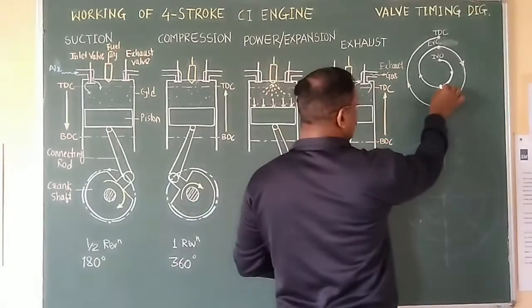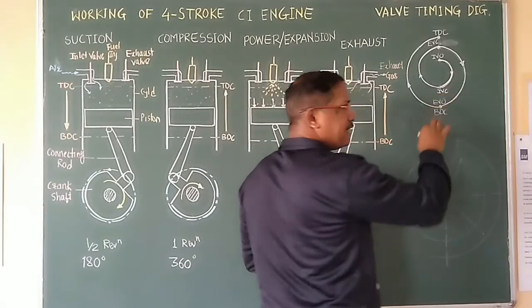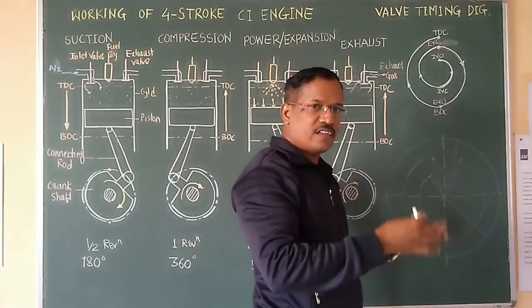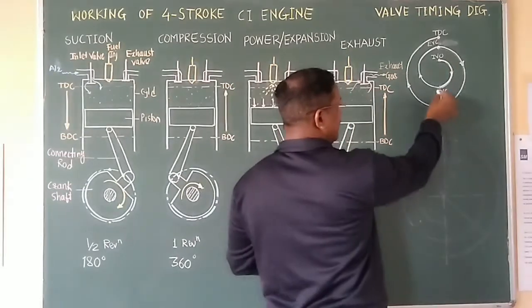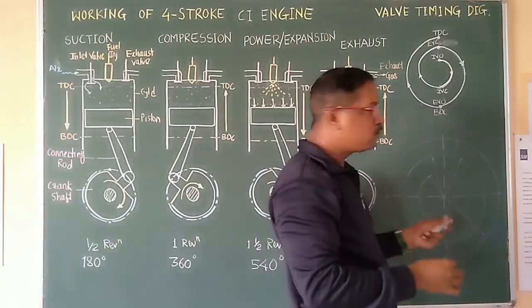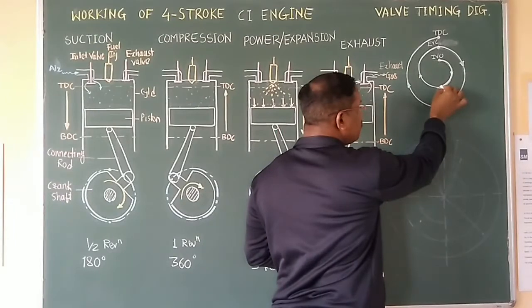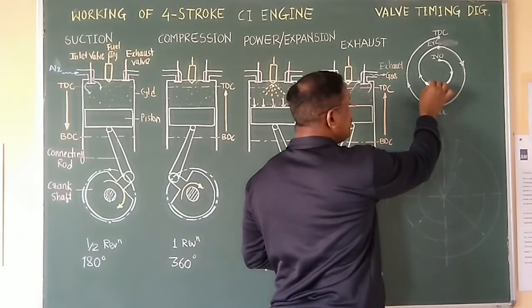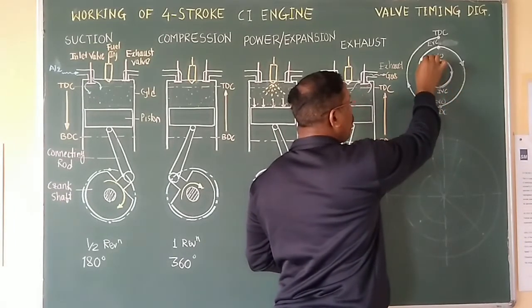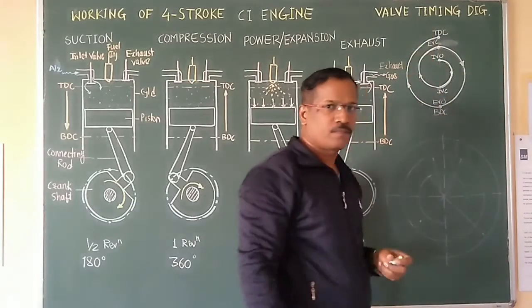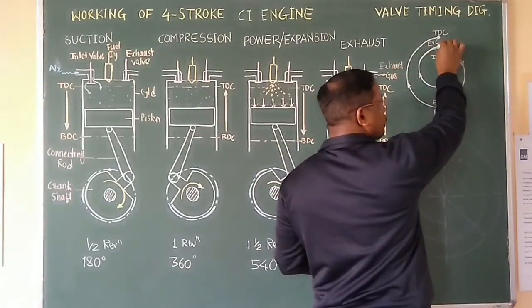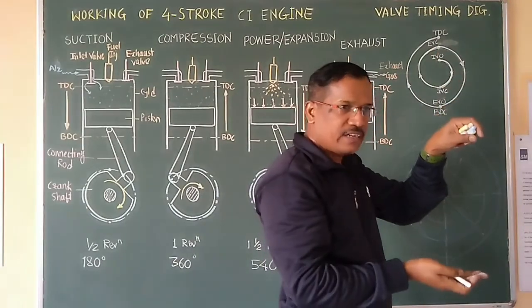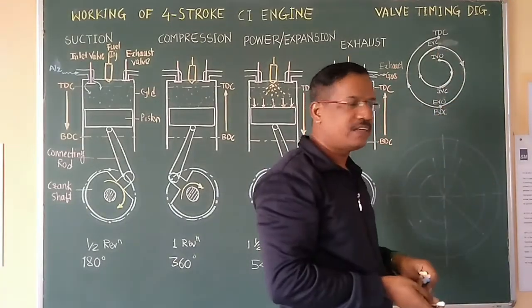As the inlet valve closes, whatever air is sucked inside the cylinder gets entrapped. Inlet valve closed, exhaust valve already closed. So whatever the piston movement towards TDC, it is going to compress that air. And at TDC, the whole air gets compressed to very high pressure and high temperature.